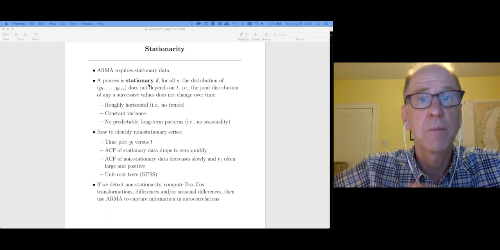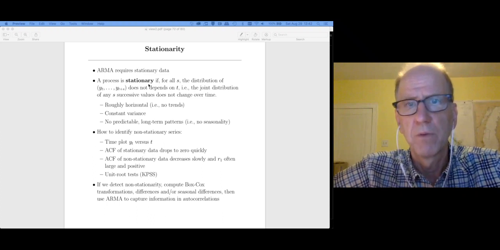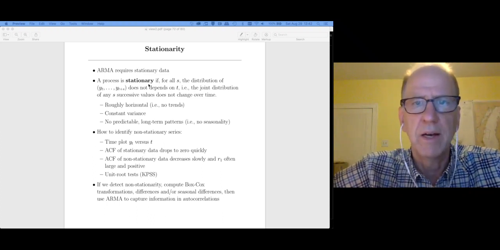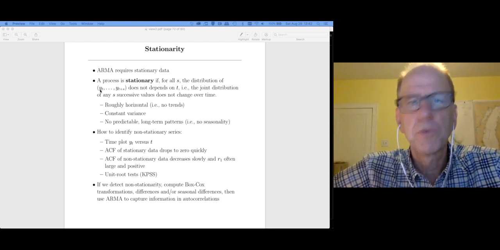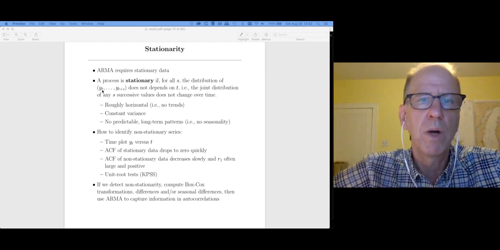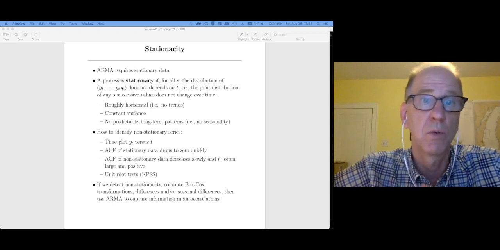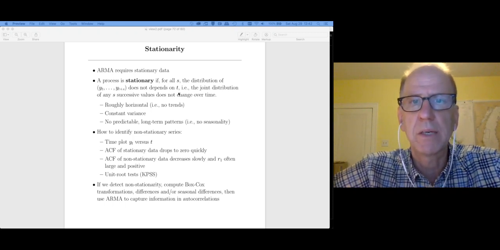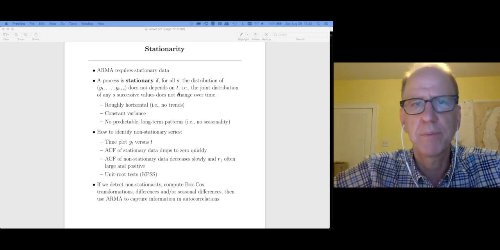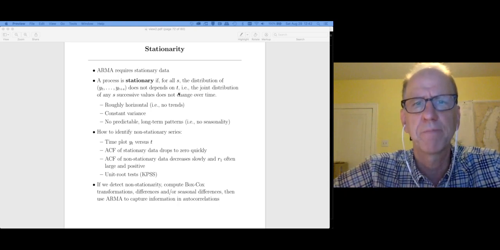A process is stationary if, for any window length s, the distribution of y sub t through y sub t plus s, so the next s observations, think of this as a window, doesn't depend on t. So the distribution of this chunk of observations doesn't change over time. That's the way to think about it.